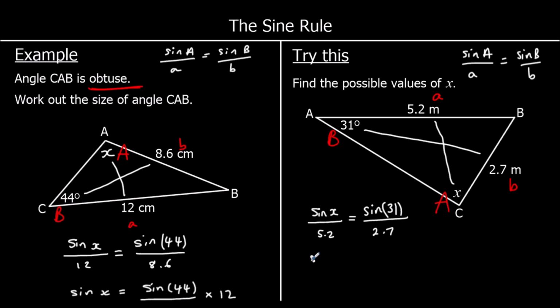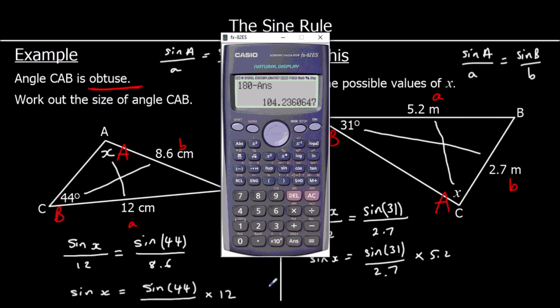So sine x, multiplying both sides by 5.2, is sine 31 over 2.7 times 5.2. So we're going to type it into the calculator. Sine 31 over 2.7 times 5.2.